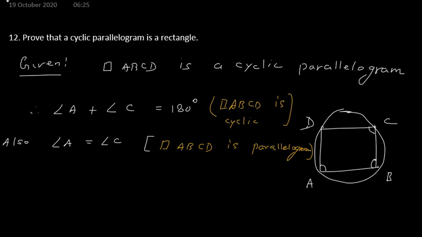So angle A plus angle C is 180 degrees and angle A is equal to angle C. So therefore angle A is equal to angle C is equal to 90 degrees.